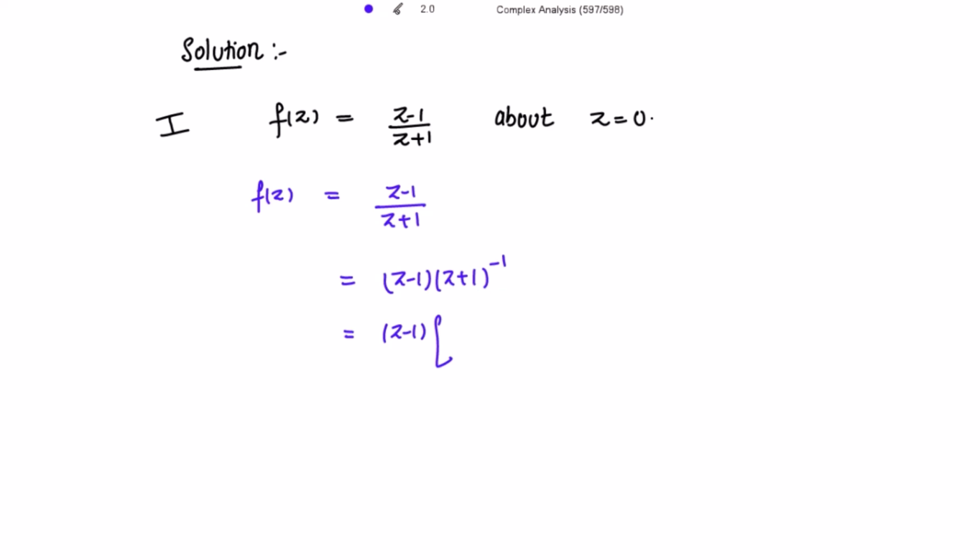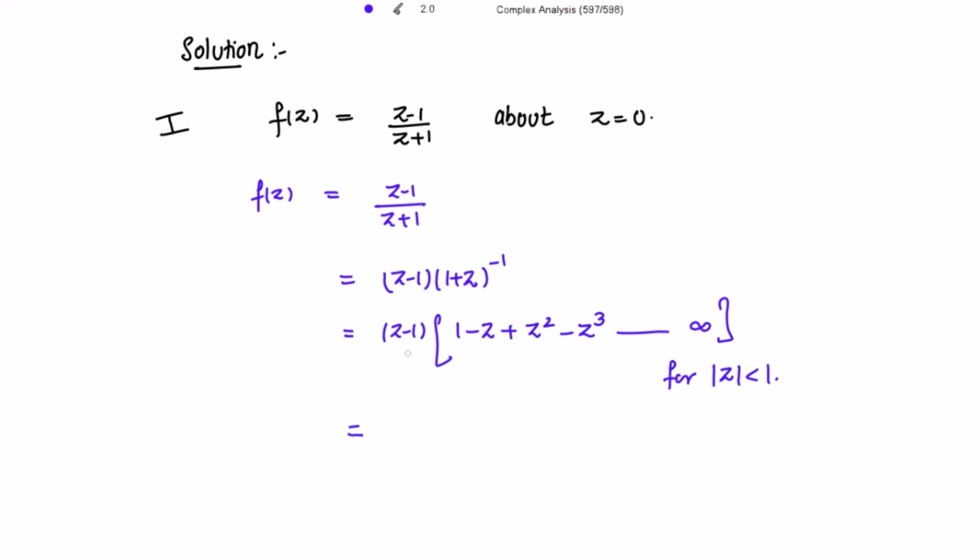We can write this as (1 + z)^(-1). So this is 1 - z + z^2 - z^3 and so on up to infinity. The alternate signs for this expansion hold for |z| strictly less than 1, right? This is the condition for the expansion.